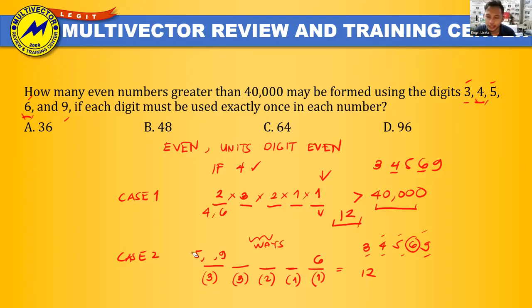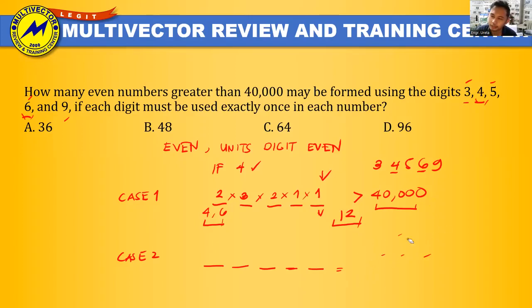In terms of case 2 naman, sinabi dito, tatanggalin na natin yung possibility na, yung case 2 natin, hindi na even yung 10,000 digit natin. So kung hindi na even yung 10,000 digit natin, ano ba yung mga pagpipilian natin dito?